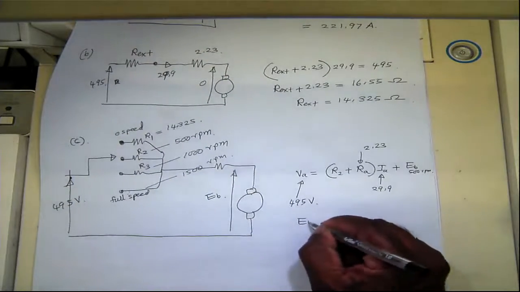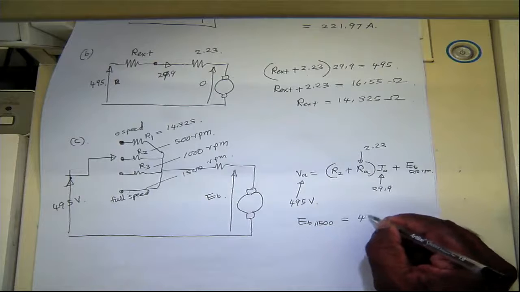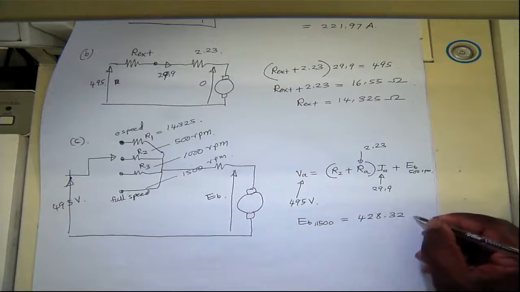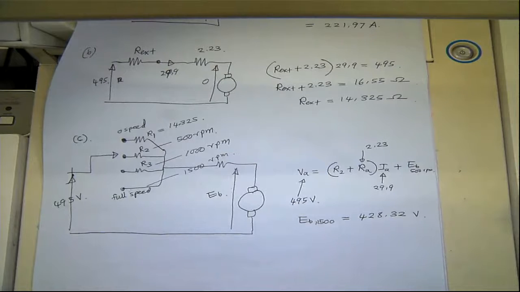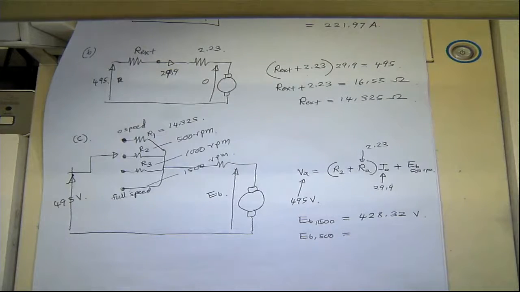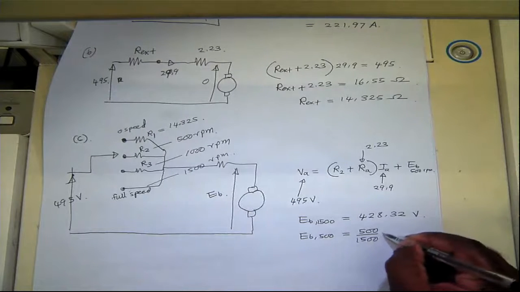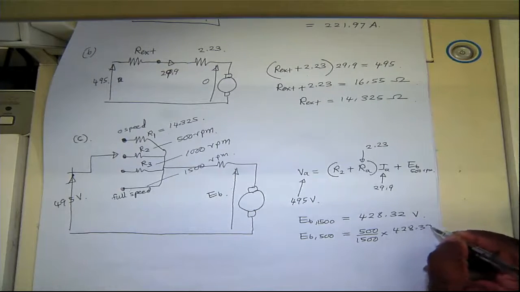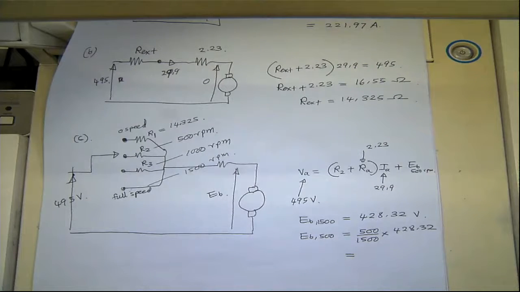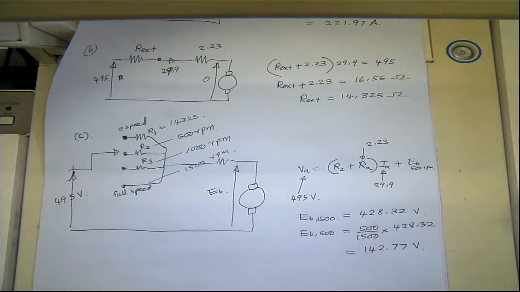So EB at 500 will be 1/3 of this, that's 500 over 1500 times 428.32, which is 142.77 volts.